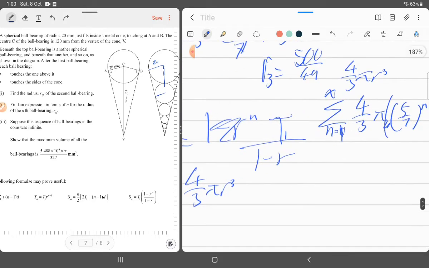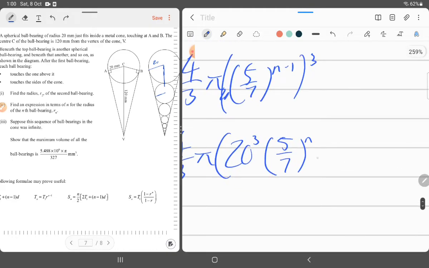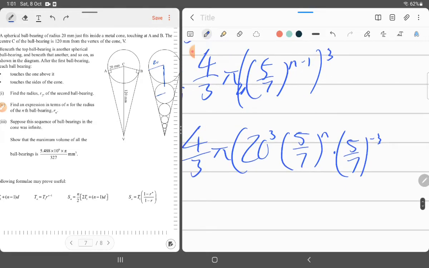Yes, so the ratio will just be 4 over 3 pi 20 cubed times 5 over 7 n times 5 over 7 times -3. 20 cubed times 5 over 7 to the power of -3.